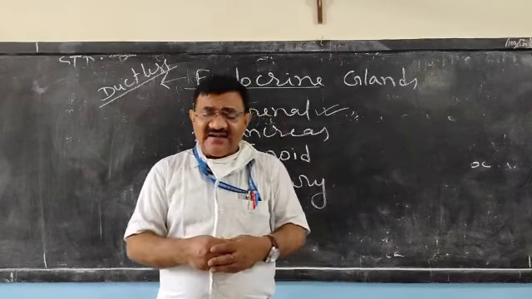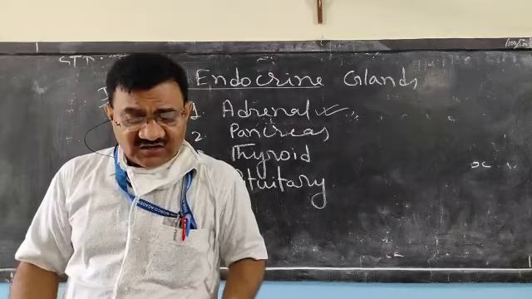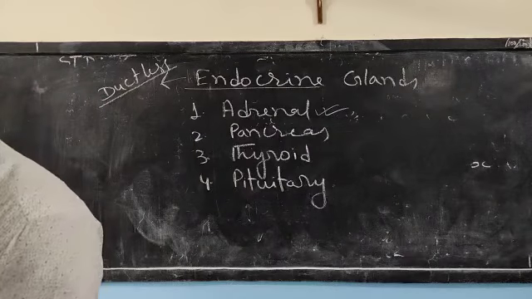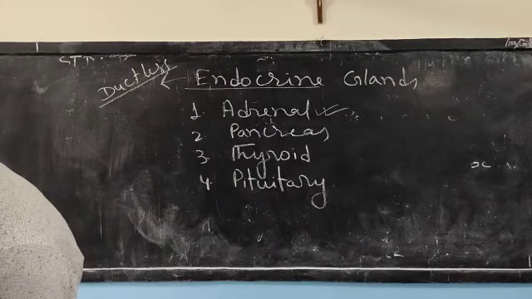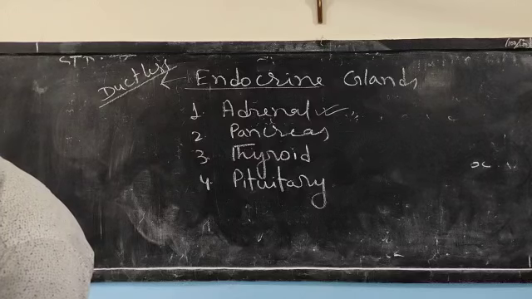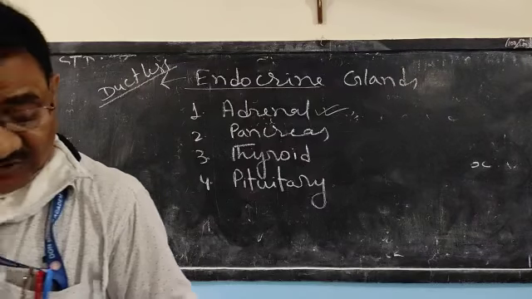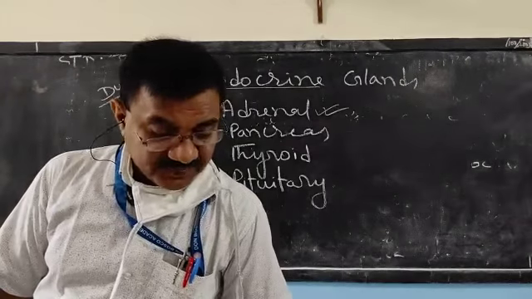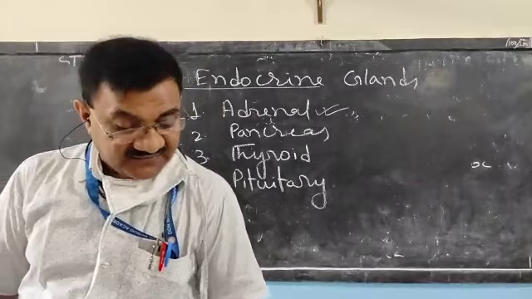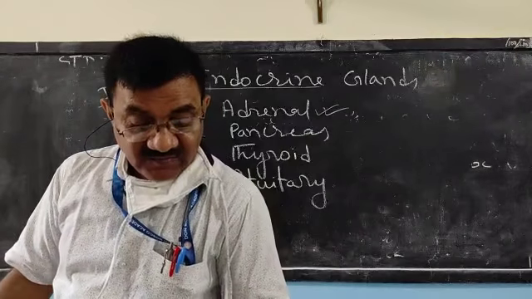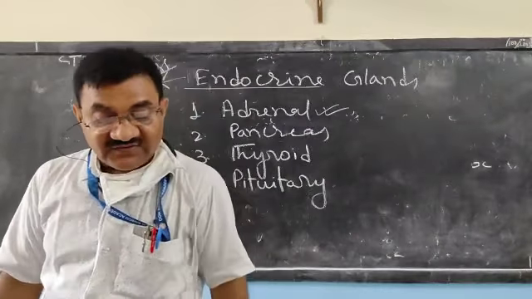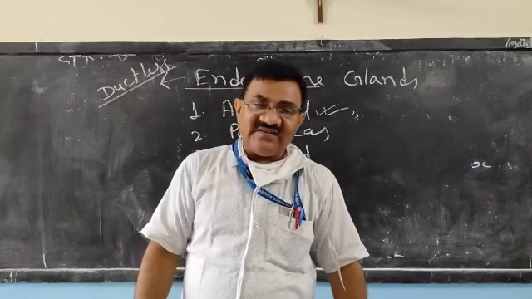The thyroid gland is the largest endocrine gland, bilobed, with two parts. It secretes thyroxine and calcitonin.